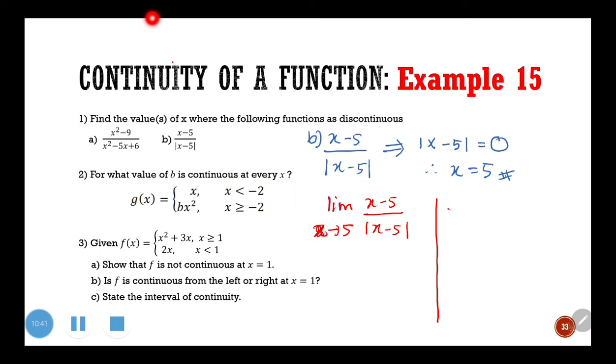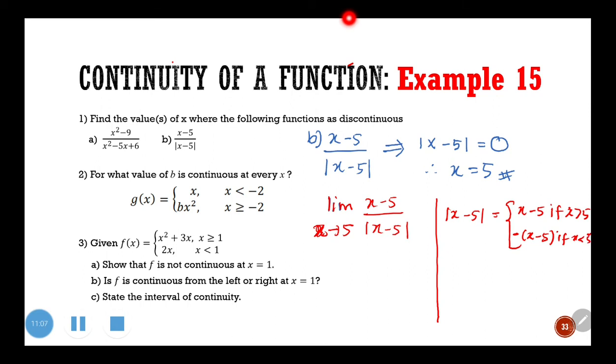For modulus, this function can be interpreted as x minus 5 if x more than 5, and negative x minus 5 if x less than 5.